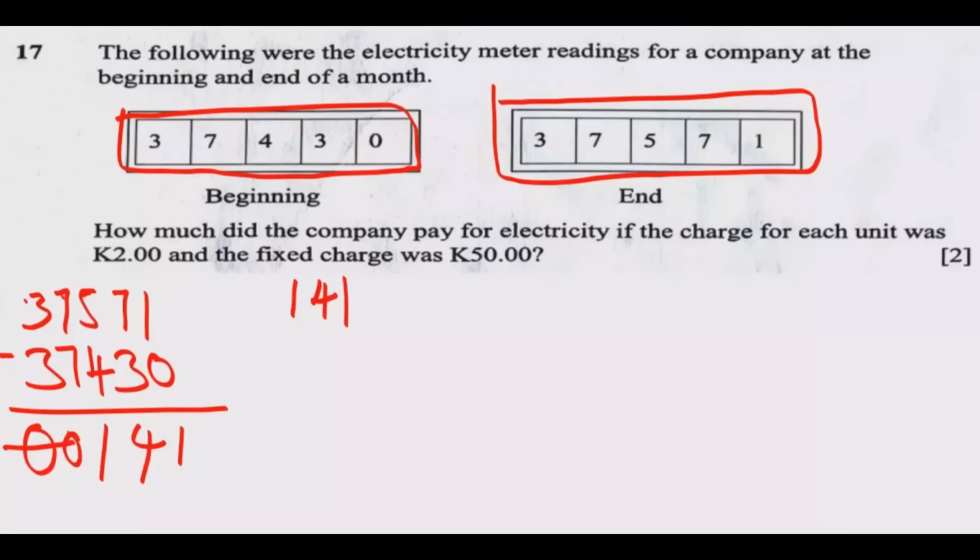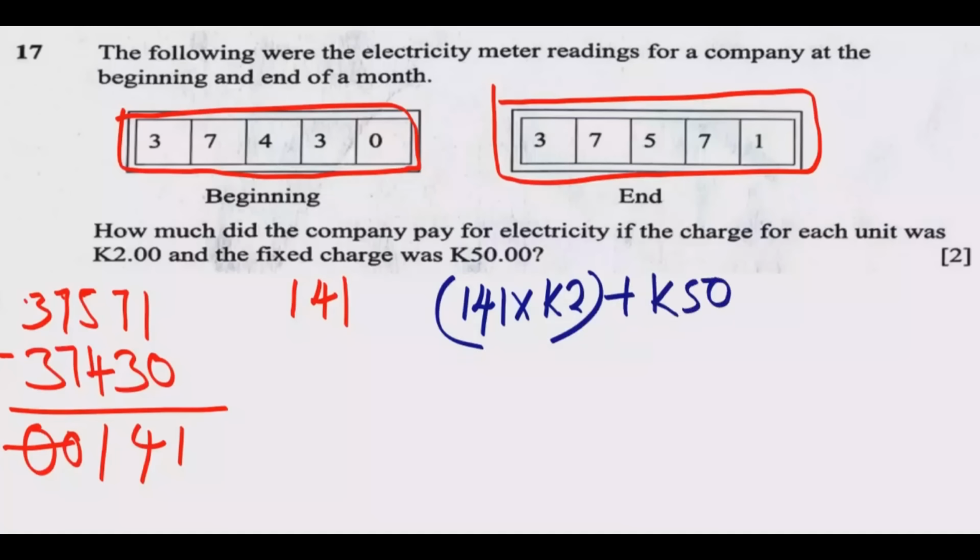So you say 141 times 2 kwacha. We can even ignore the zeros. Then all of this plus 50 kwacha.